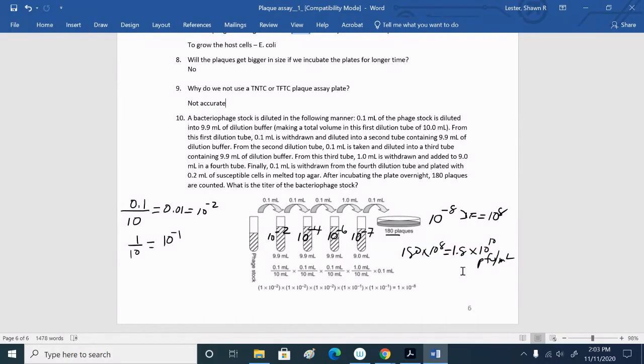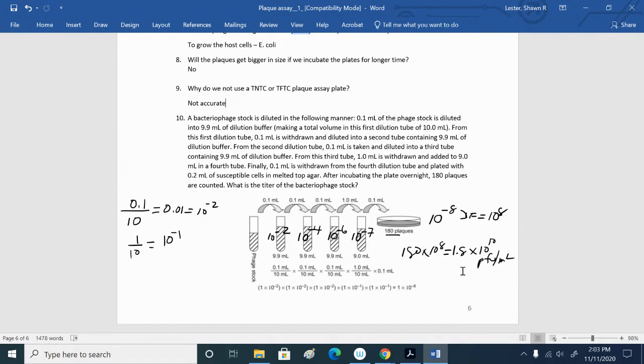Is that like more than a billion? Yep, more than a billion, right? So that's a lot of viruses per milliliter, over a billion. And do you know what that broth would look like?